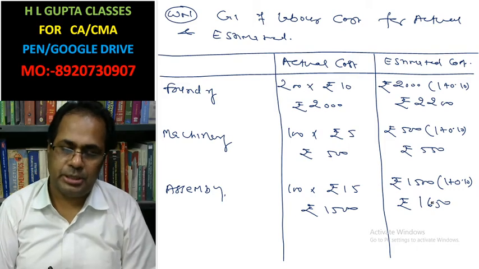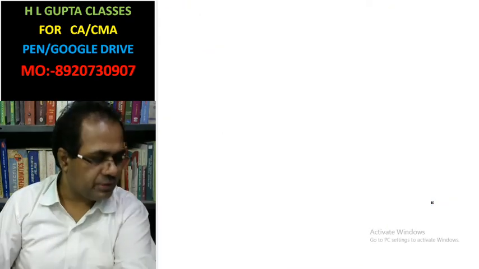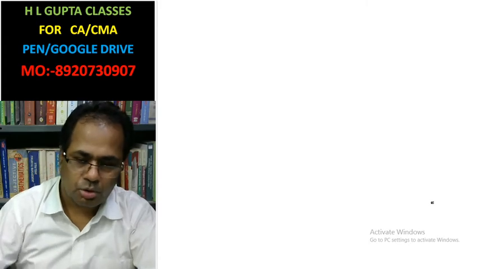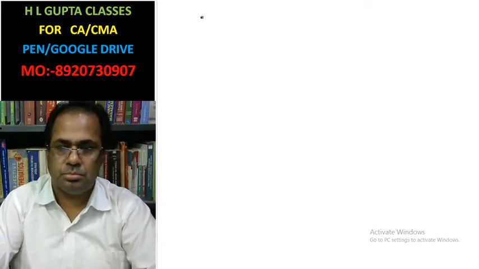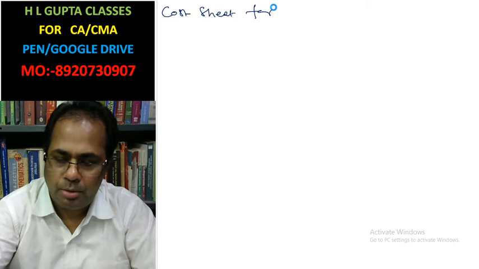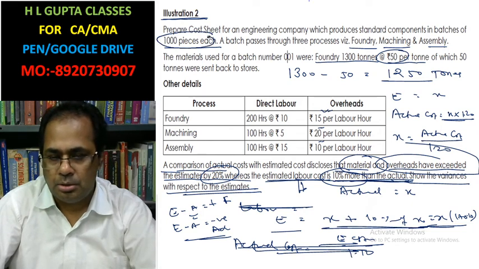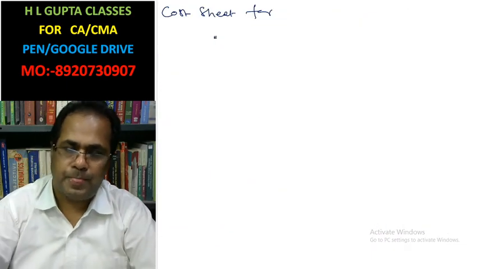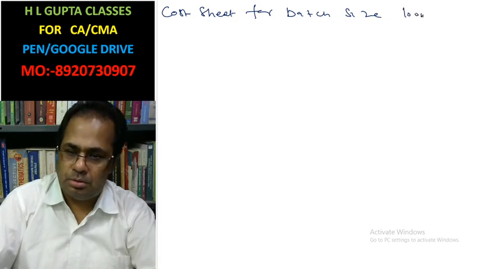Now we can calculate the cost sheet and deviations, favorable or unfavorable. Cost sheet for batch size 1,000 units.